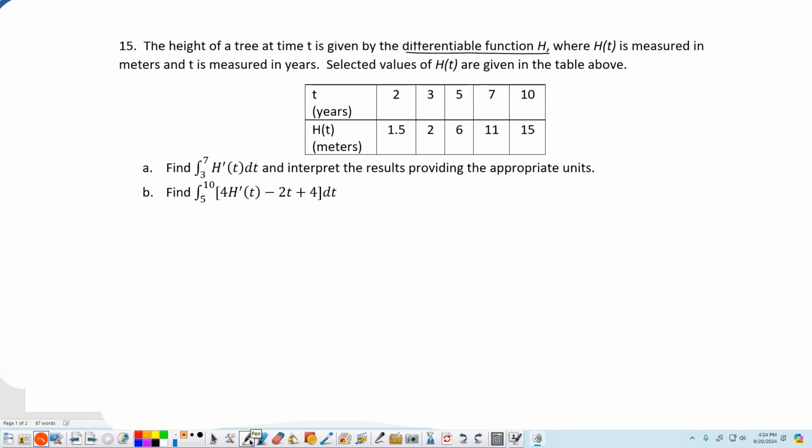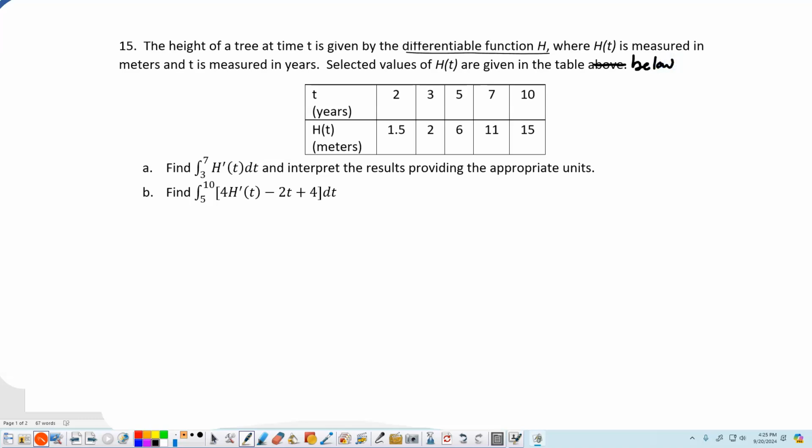All right, let's go ahead and look at our last question here. It's an FRQ review. We had this over the weekend. Let's begin. It says, the height of a tree at time t is given by the differentiable function h, where h is measured in meters and t is measured in years. Selected values of h are given in the table below, not above. Typo.